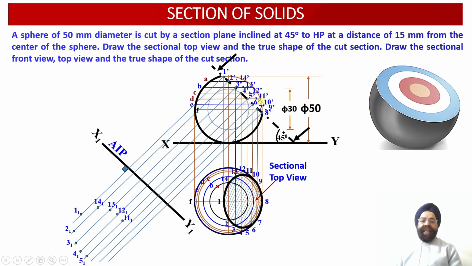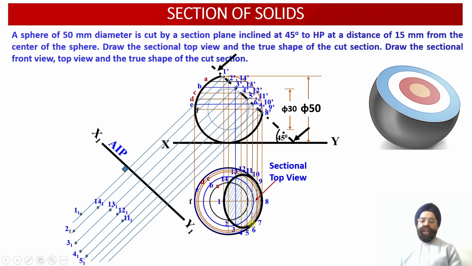Next two points are 6 and 10. So corresponding to the points 6 dash and 10 dash, we are going to measure the distance of point 6 from the XY reference line and the distance of point 10 from the XY reference line.